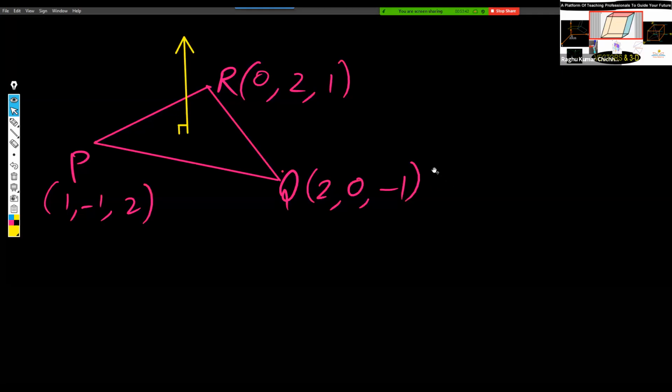Both of you, we did the problems so far based on this. Now, what I need is that yellow line. That yellow line is nothing but the normal to the plane of PQR. How to find out the DRs of that normal? Please respond.